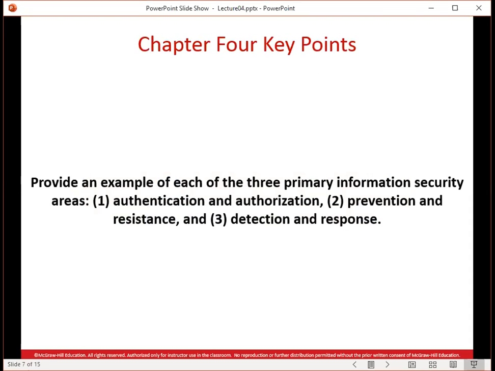Prevention and resistance involves content filtering. Content filtering occurs when organizations use software that filters content such as emails to prevent the accidental or malicious transmission of unauthorized information.